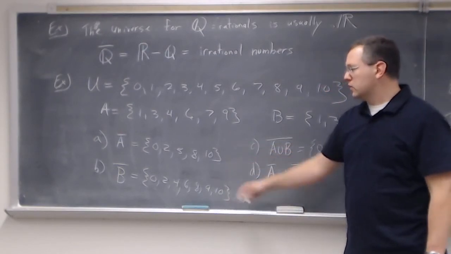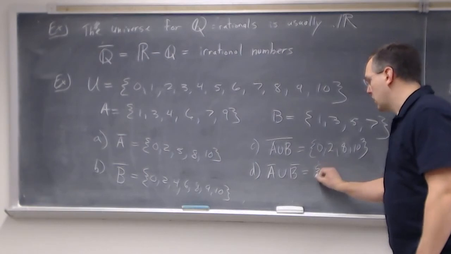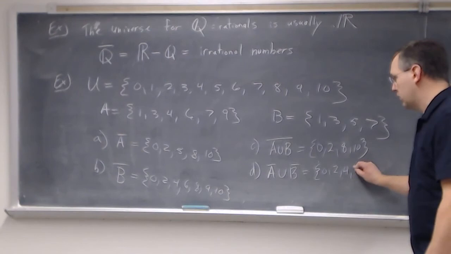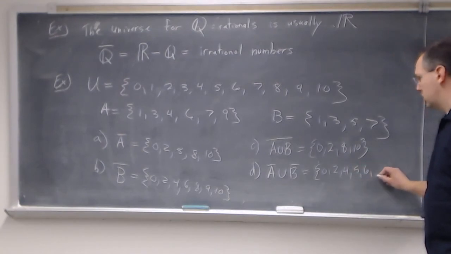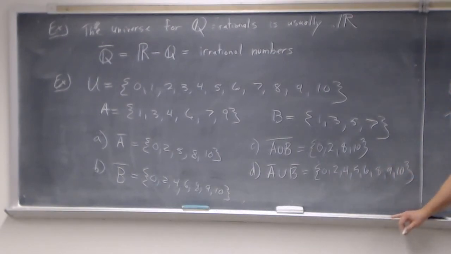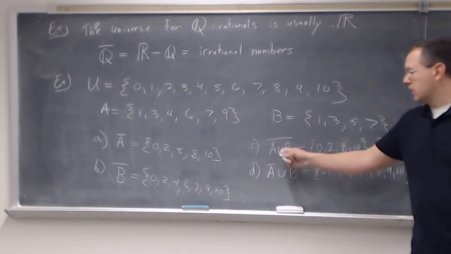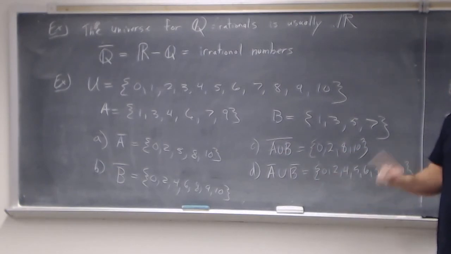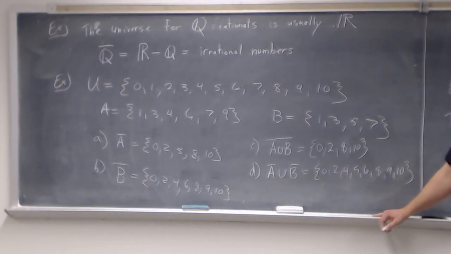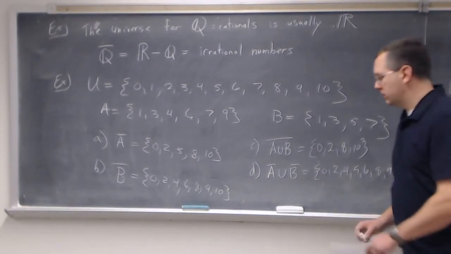So now just take the union of these two sets. 0, 2, 4, 5, 6, 8, 9, 10. So there's a little note you might want to make. The complement of a union is not the same as the union of complements. Interesting.